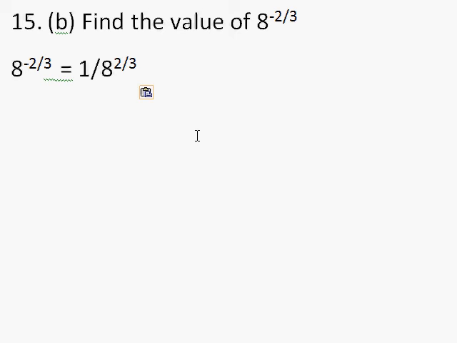Okay, the second thing that I can do is, if there was no over 3, then this would simply be 1 over 8 squared. So I can do that next to simplify that.